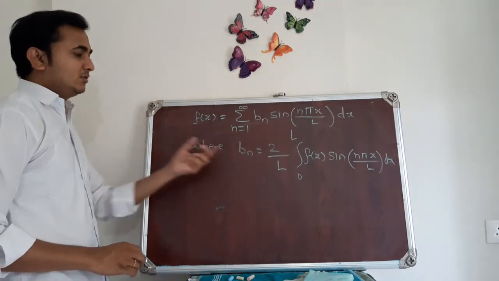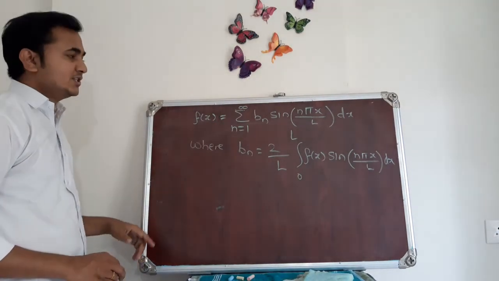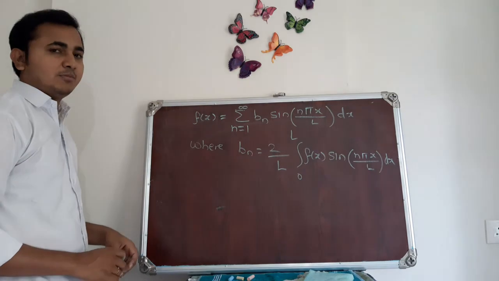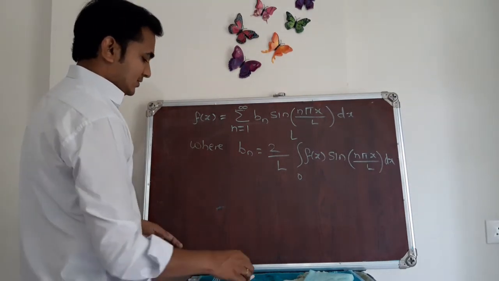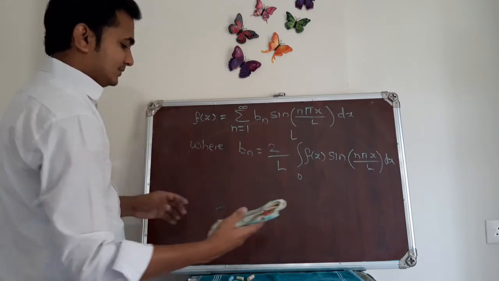So calculate bn, put it here, you will get the Fourier sine series of the given function f of x. This will be more clear after one example. So let us look at one example.